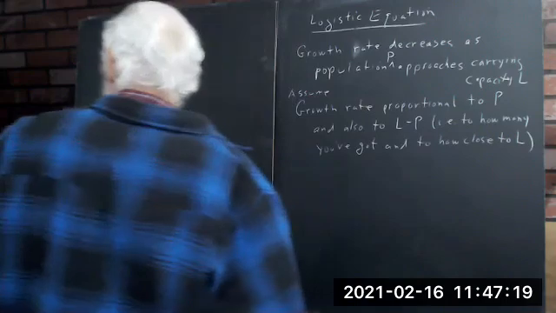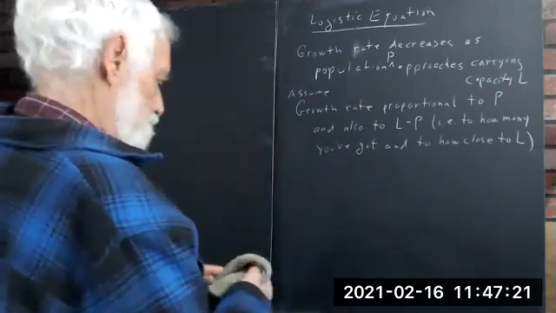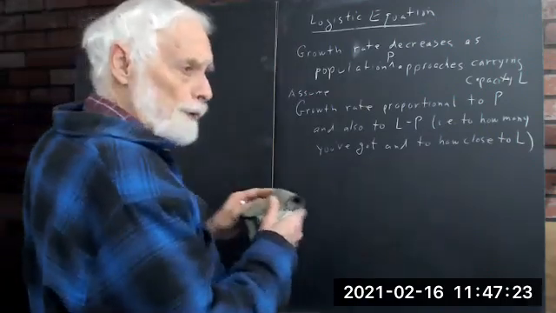Okay, growth rate, proportional to P times L minus P. And I say growth rate, which is a terrible error in terminology.